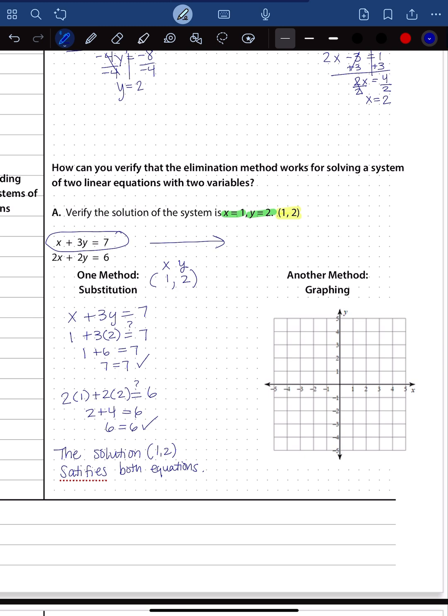If I move the x over, I have 3y is equal to negative 1x plus 7. All I did is subtract x from both sides. Then to get y by itself, I am going to divide by 3. So I end up with y is equal to negative 1/3 x plus 7/3.